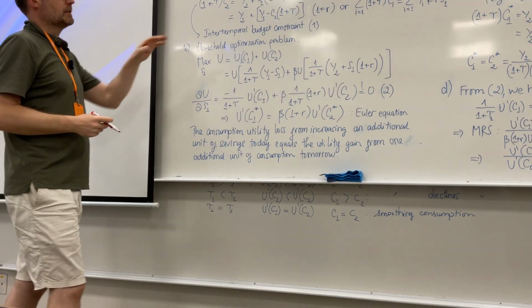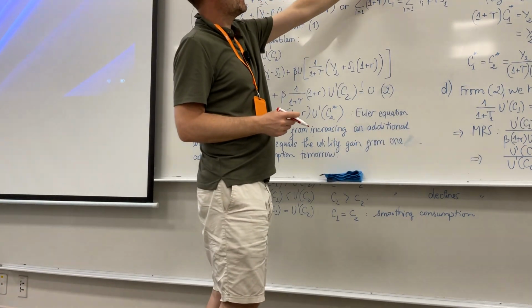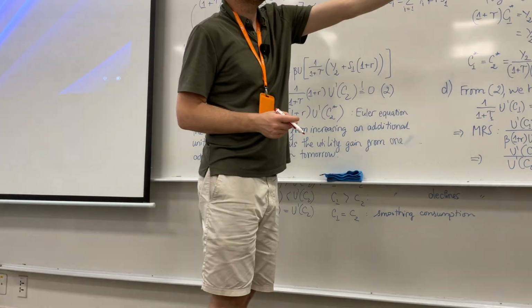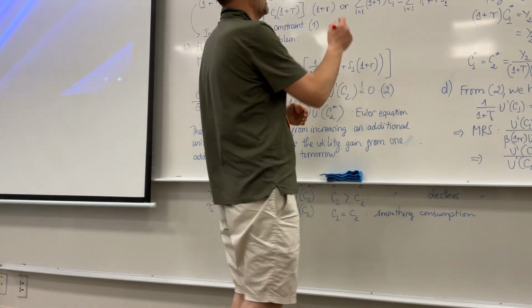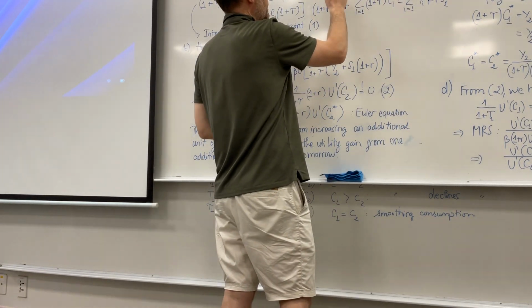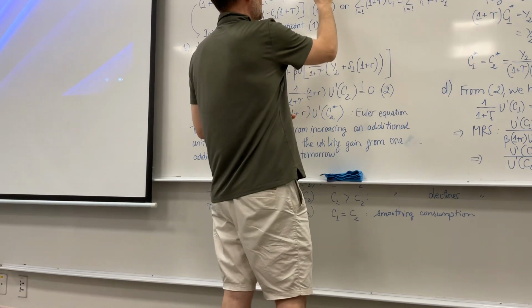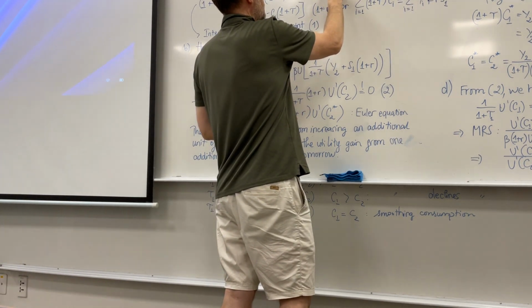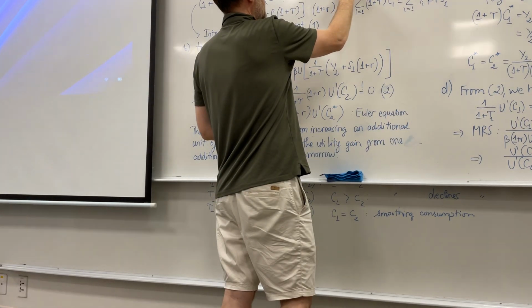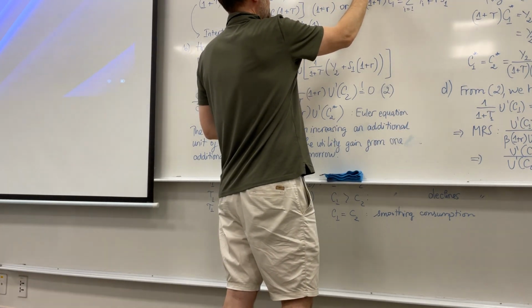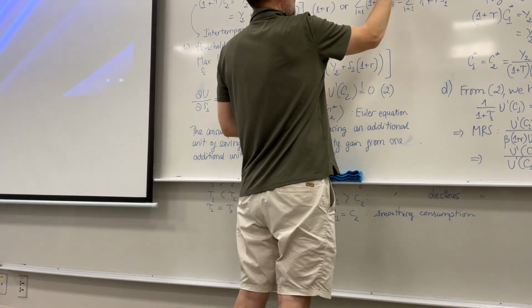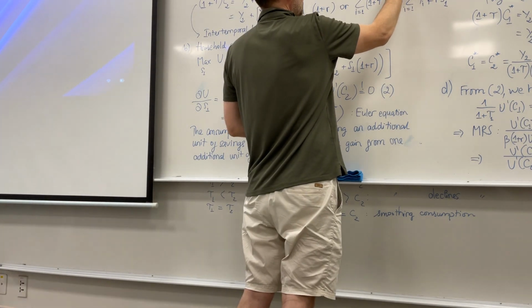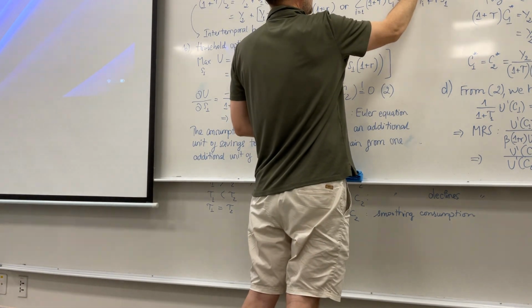I would express this instead relative to the end period, relative to the first period. If I divide everything through by 1 plus r, with this discounting, I would get (1 plus tau) times 1 over (1 plus r) C2 plus C1 equals 1 over (1 plus r) y2 plus y1.